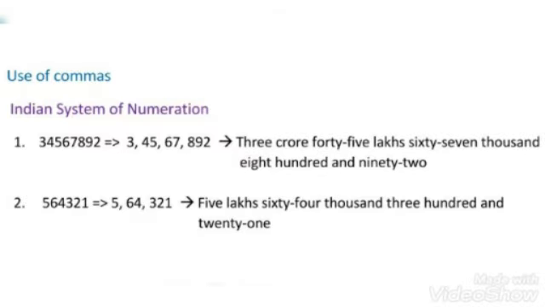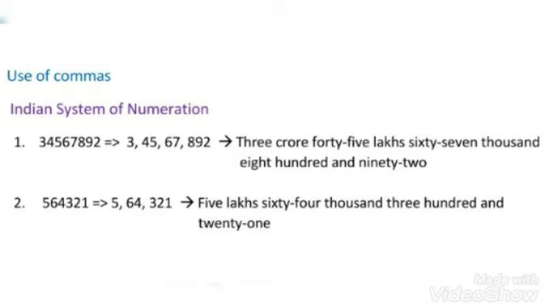Okay, then next we will see the use of commas. In the Indian system of numeration, how do we use the commas? Starting from the right side: ones, tens, hundreds, comma, thousands, ten thousands, comma, then lakh, ten lakh, comma, then crore, ten crore. That is how we keep going in the Indian system of numeration.